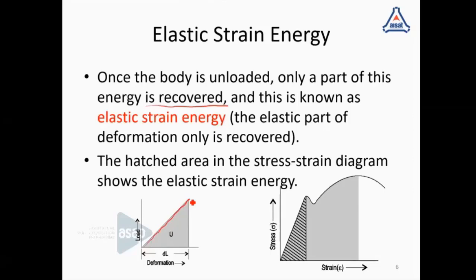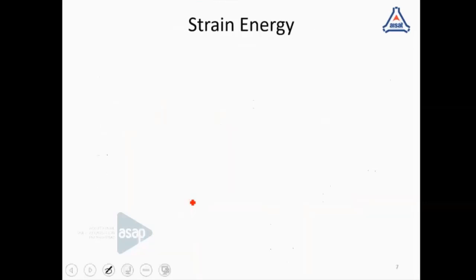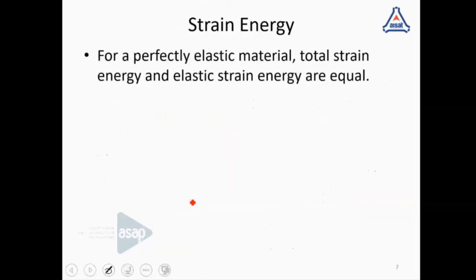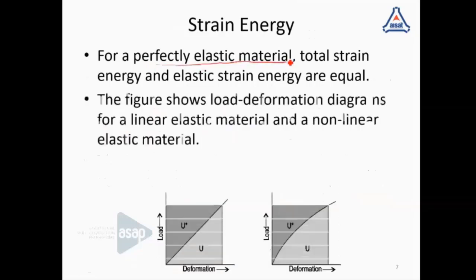In that case, we can say it is a linearly elastic body. That material is called perfectly elastic, and again it can be linearly elastic. This is a linearly elastic material.